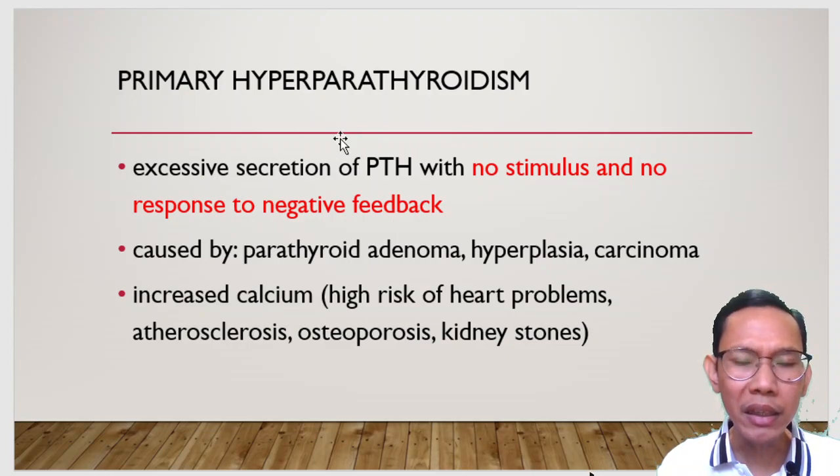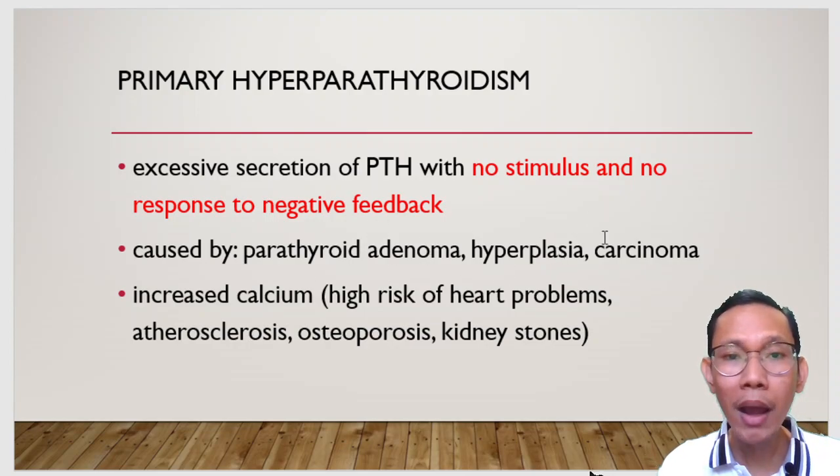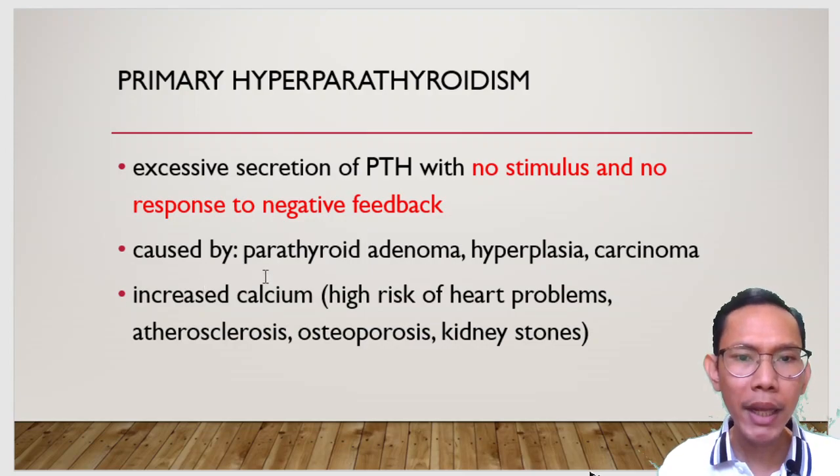Since you have increased secretion of your PTH, diba, your body will try to compensate through a negative feedback mechanism. But since it is a primary hyperparathyroidism, there is no response to the feedback mechanism. It is caused by a parathyroid adenoma, hyperplasia, as well as carcinoma. Again, primary hyperparathyroidism, increased calcium.